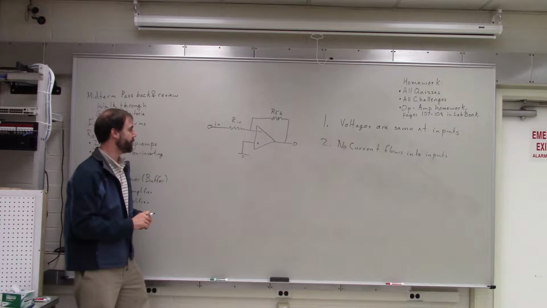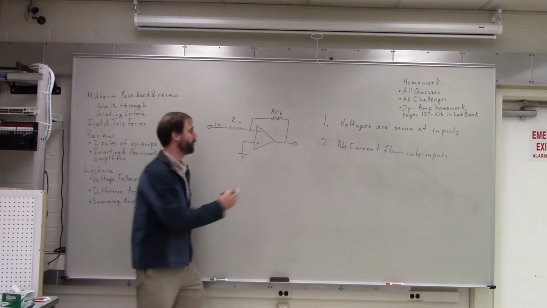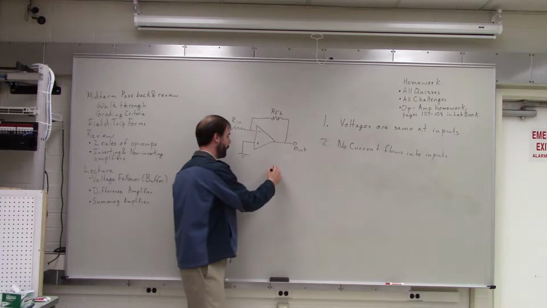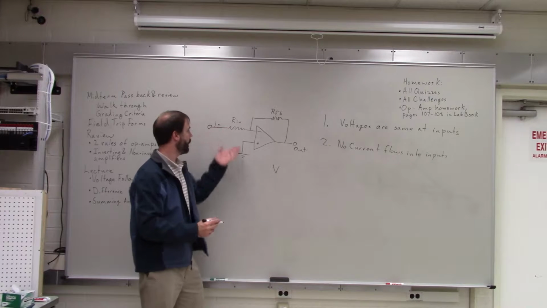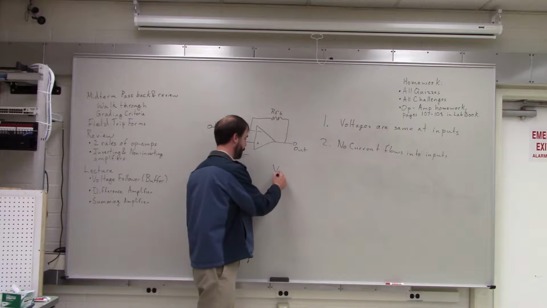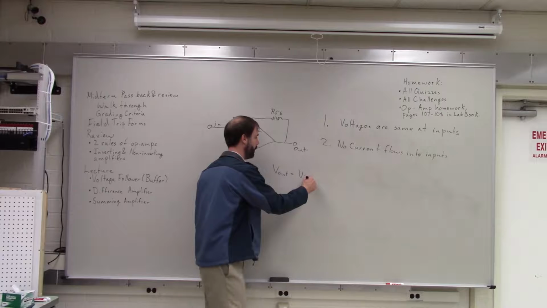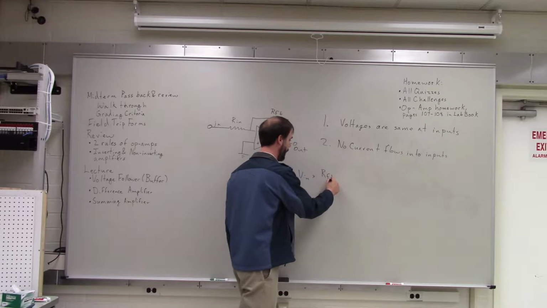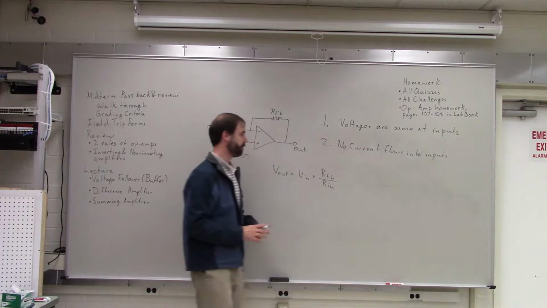So we did some analysis here, and we figured out that there was a relationship between the input voltage and the output voltage. We used our 2 laws of op amps, and we saw that there was a formula we could use. We said V out equals V in times R feedback over R in.